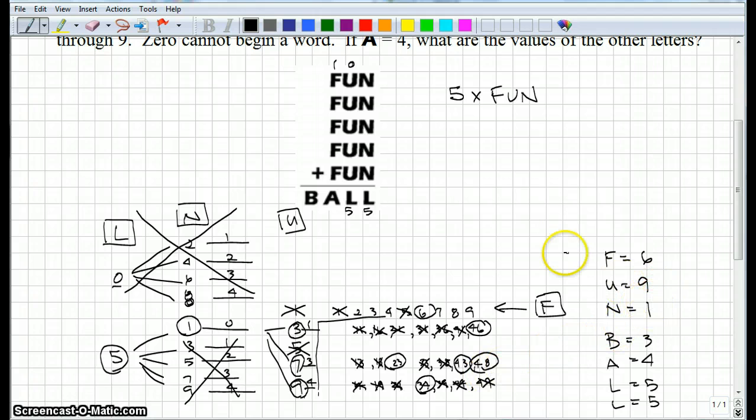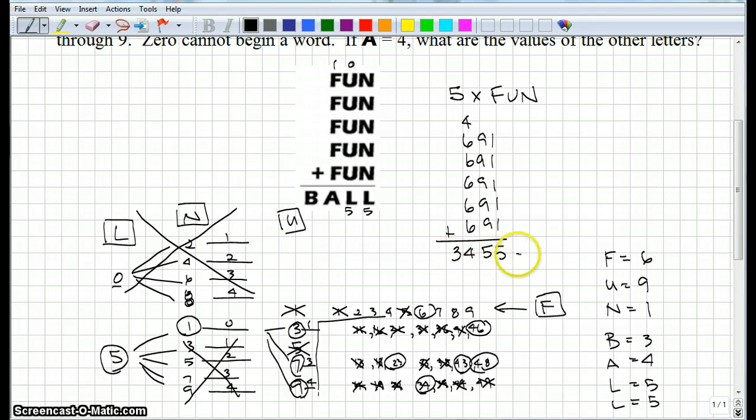Okay, so the problem that satisfies all the conditions of this statement is that we have 691, 691, 691, 691, 691. We add those all up. We have 5, and then this is 45, carry the 4, and then we have 30 plus 4, which is 34.